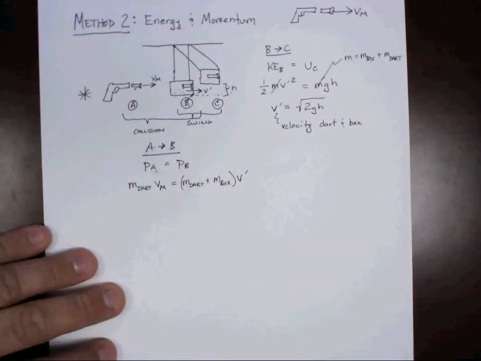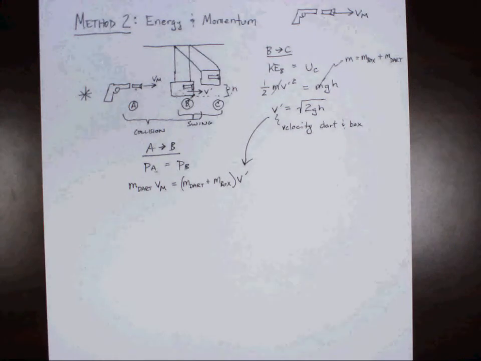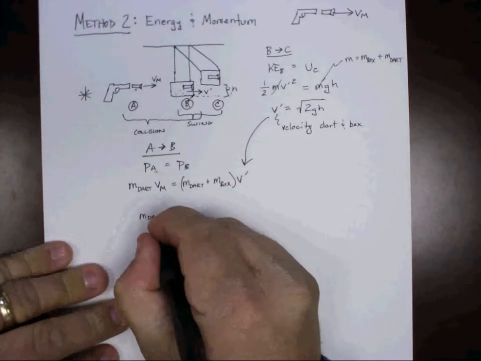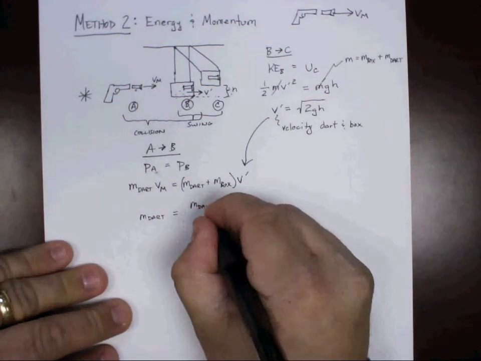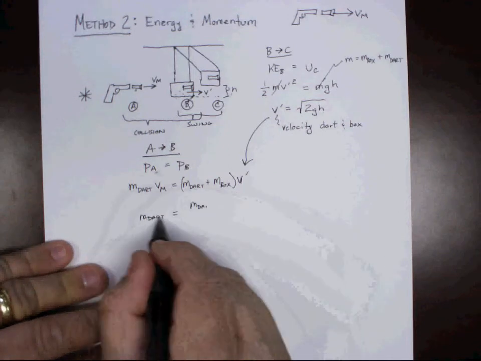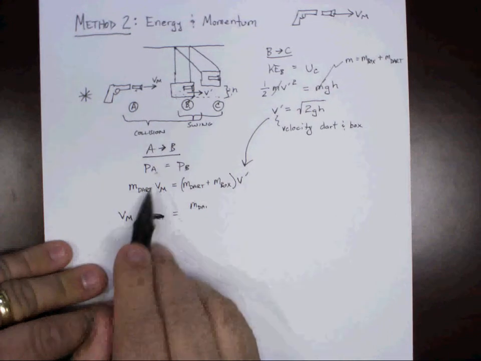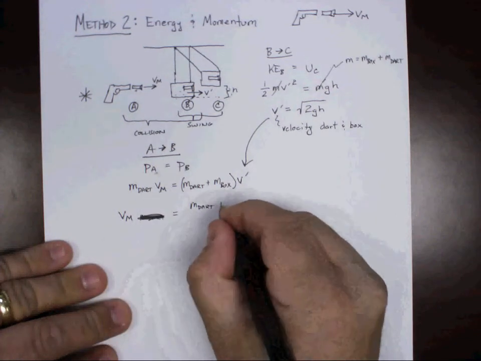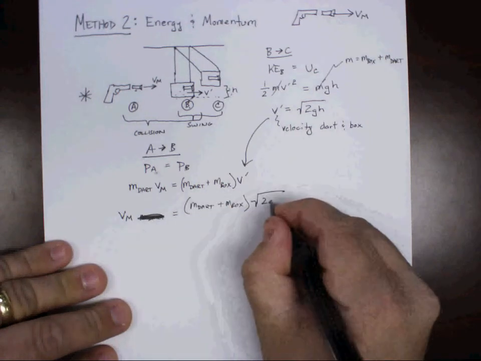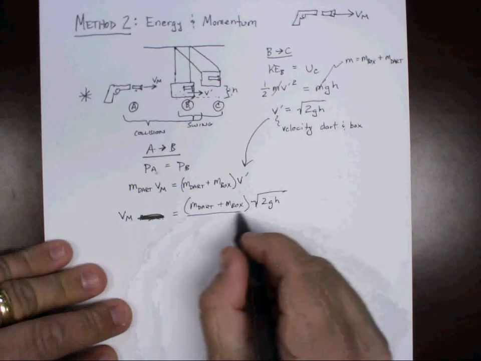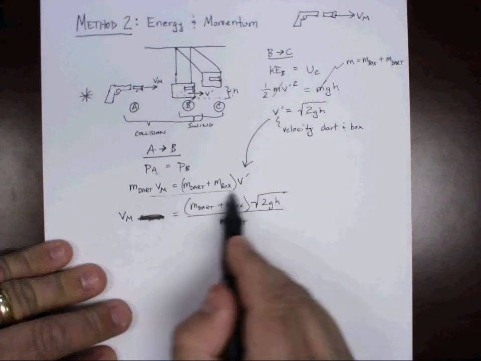What is the formula for momentum? The mass of the dart times the velocity, the muzzle velocity of the dart, right? Equals, what about the mass afterwards when they're moving off together? The mass of the dart plus the mass of the box, all times v prime, the velocity of those moving off. But what do we know that to be? We just figured it out, right?